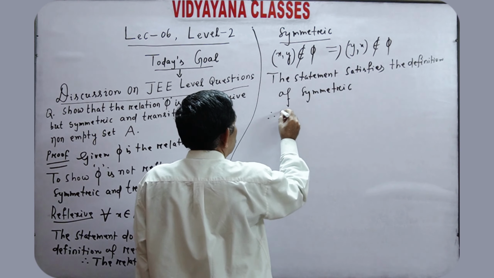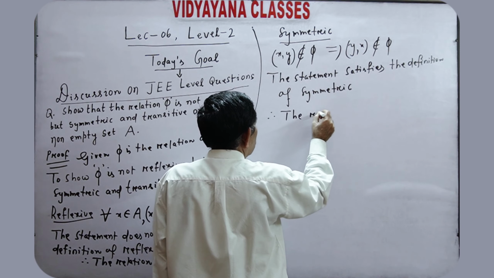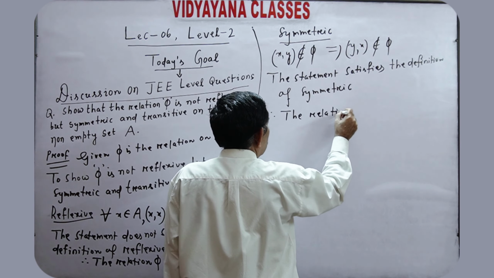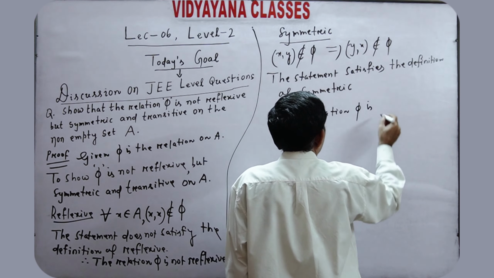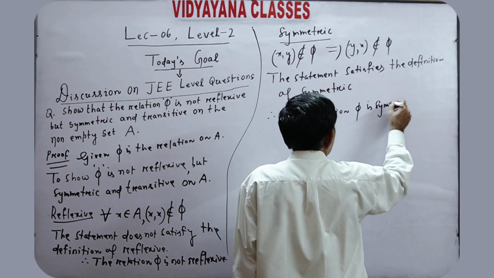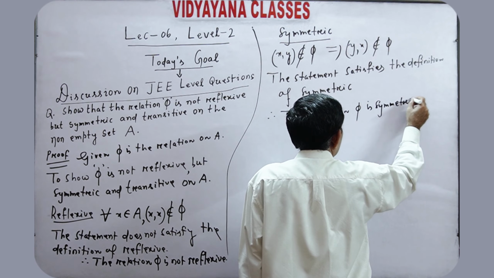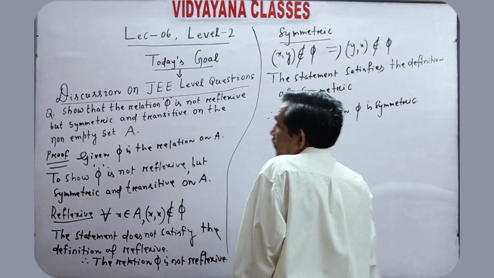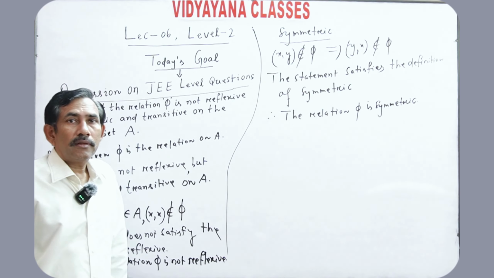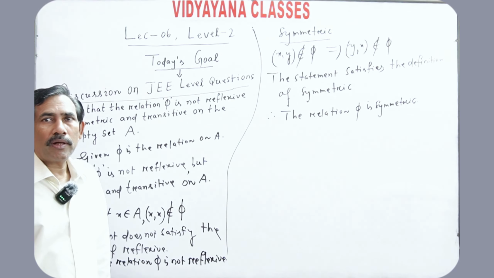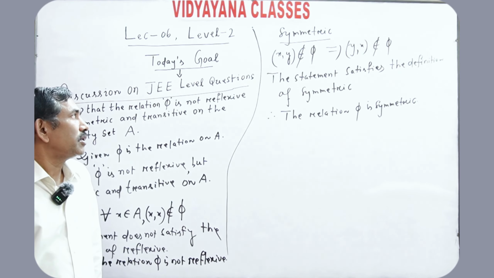Therefore, the relation phi is symmetric. R is symmetric if (x, y) belongs to R implies (y, x) belongs to R. Here R is phi.